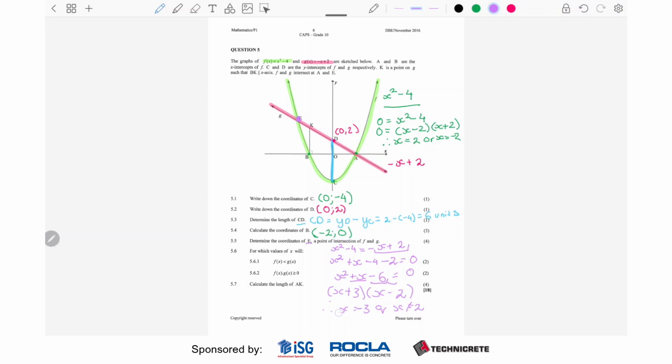So once we found out the x value, all we have to do is sub it into one of the equations to get the y value. So I'll sub it into the pink graph, and that will give me the y value of 5. Therefore, E is (-3, 5).